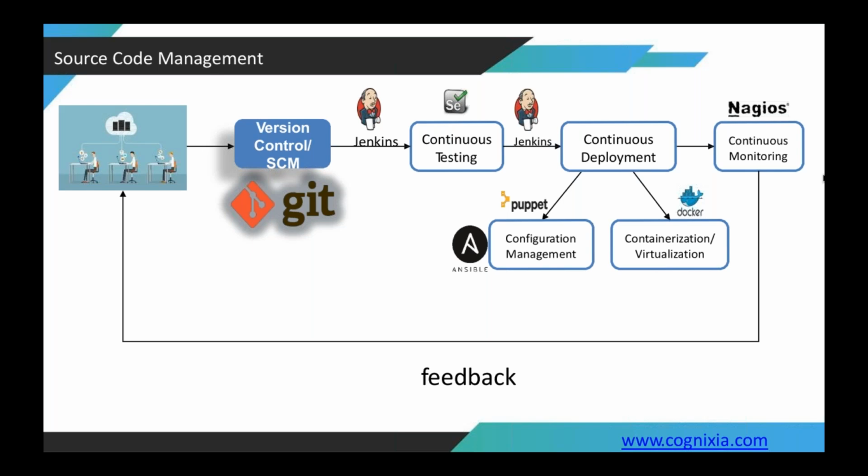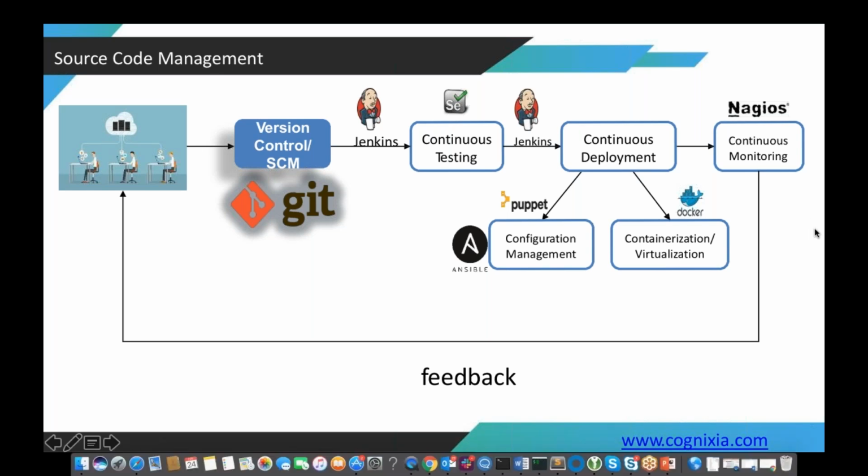Puppet, Docker, or Ansible, so you can use any of the configuration management tools. You can do the continuous deployment using Ansible or Puppet, and then you can deploy the containers using Docker. And then you have Nagios, a continuous monitoring tool which will monitor this application and provide feedback to the developers. So this is what we are covering in the training. This is the exact diagram.